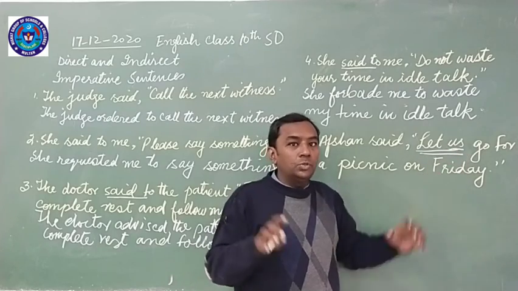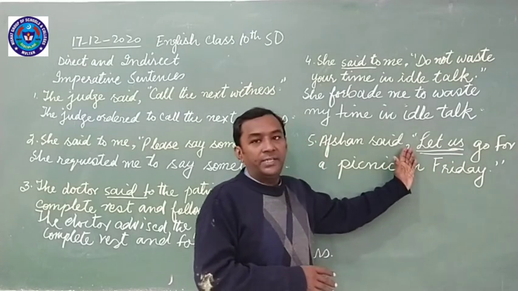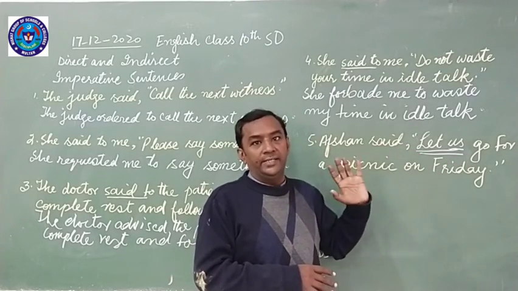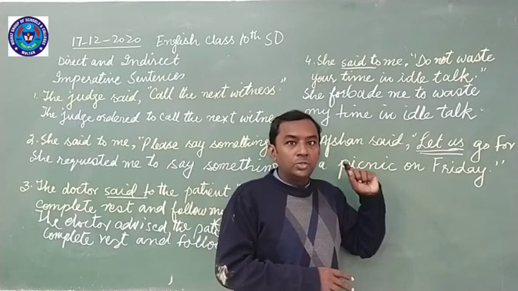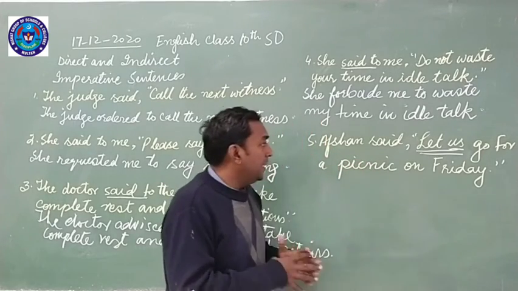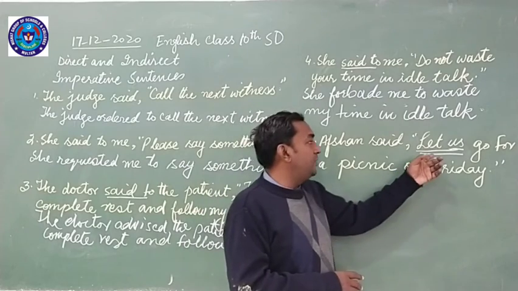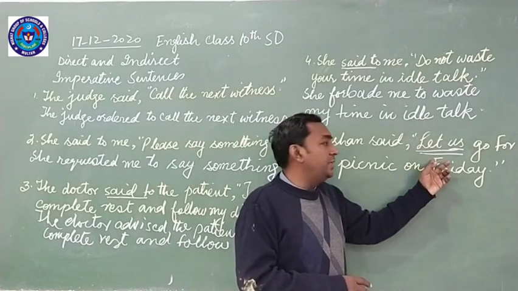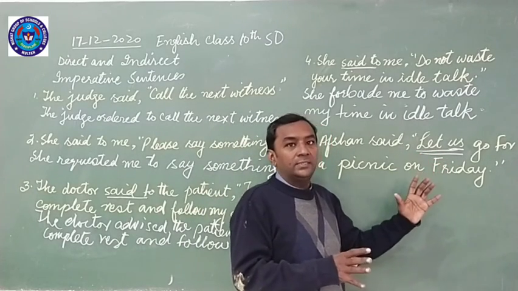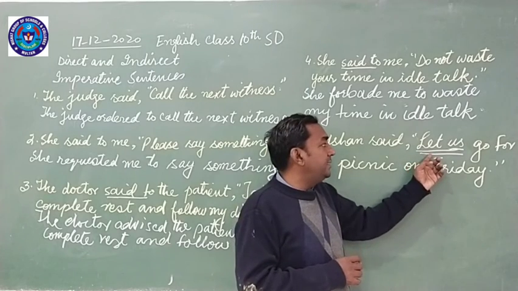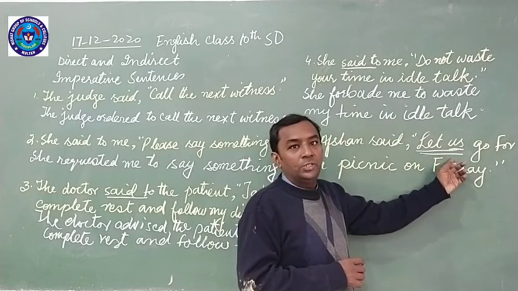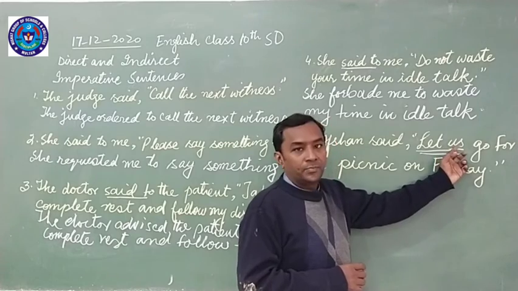We will have to use that to remove the inverted commas in suggestion sentences. It's a very important point to keep in mind. Another important point is that when we remove the let, then we have to use the sense according to the let, and that sense is should. And that should we will use after the subject here, us.